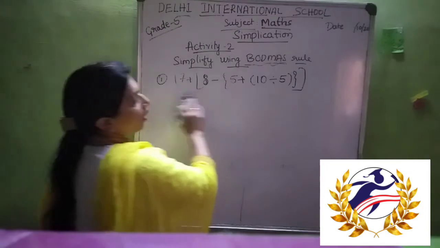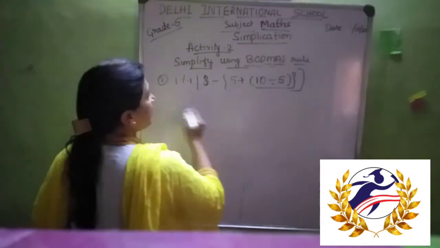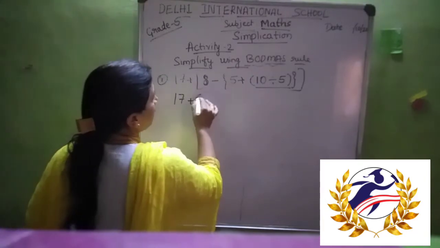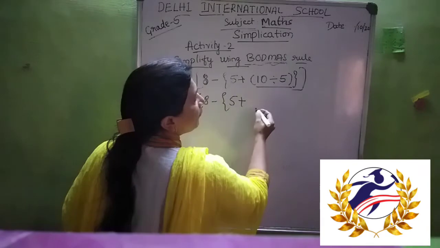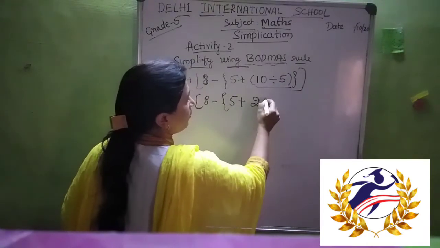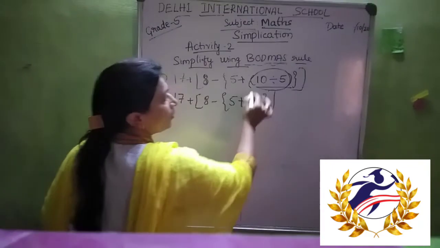We need to solve the problem inside the bracket. I will write the remaining numbers as it is. 10 divided by 5: 5 twos are 10, so instead of writing this, I wrote 2.